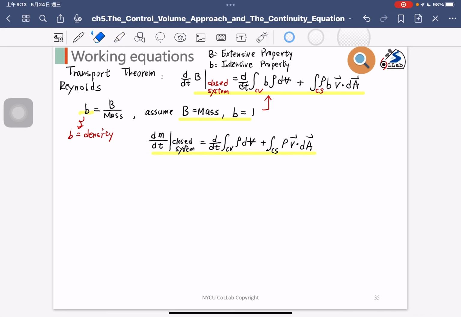We just put the extensive property inside the Reynolds transport theorem.